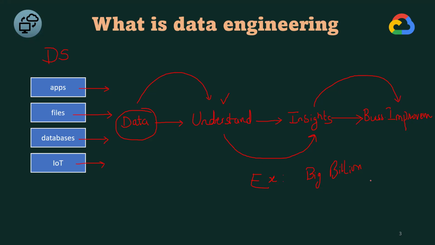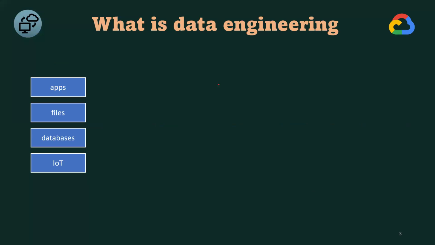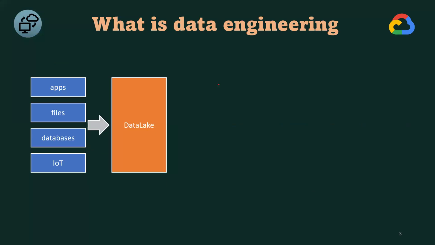So now you got to know that our agenda is to understand the business properly, if we want to understand the data, which eventually gives us the insights. If you want to understand the data properly, first you need to store the data. The data is coming from multiple data sources.